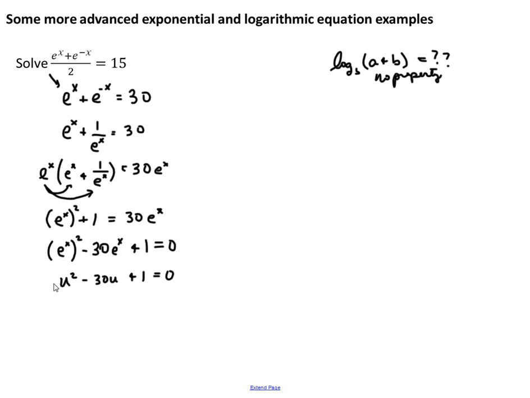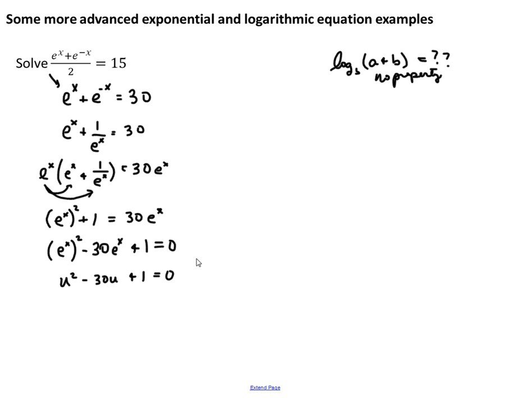So I'd want to go through and see if there's some way for me to solve this equation. Clearly, it's not directly factorable, because we'd have to find two factors that when you multiply them together give you u squared as the first term and 1 as the constant term, and then give you negative 30 as the middle term. It's not directly factorable.